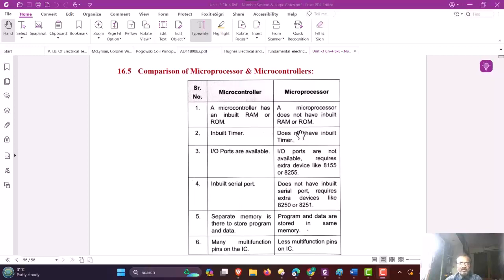Whereas in a microcontroller, you will find most of the required peripherals on a single chip itself. So microcontroller systems are smaller in size compared to general purpose microcomputing systems, which are bigger systems.